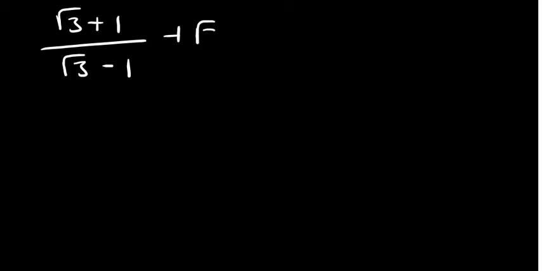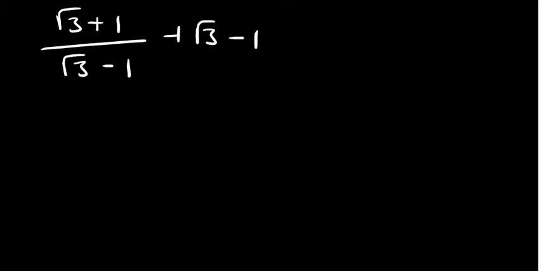Now let's try to look at a different form of the question where they are requiring you to express it in a different form, and also the idea of rationalizing the denominators. Okay. So you've been given root of 3 plus 1 over root of 3 minus a 1 plus root of 3 minus 1.